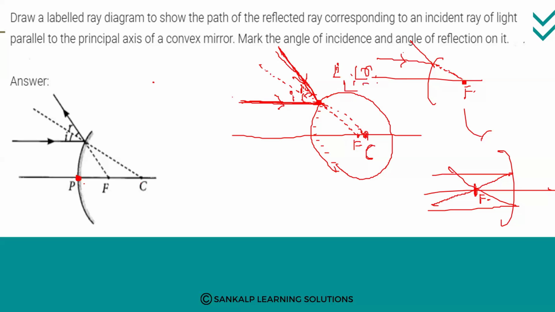So I is equal to R. Okay, so this is about the ray diagram.